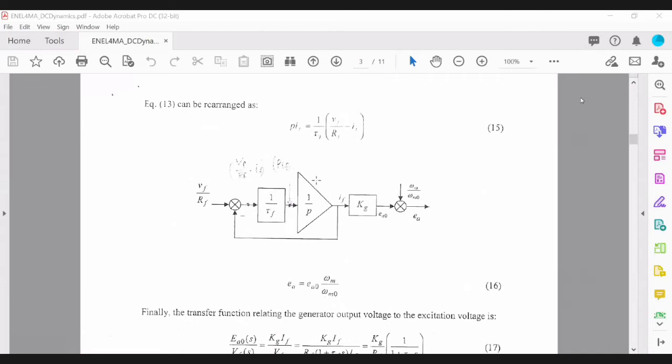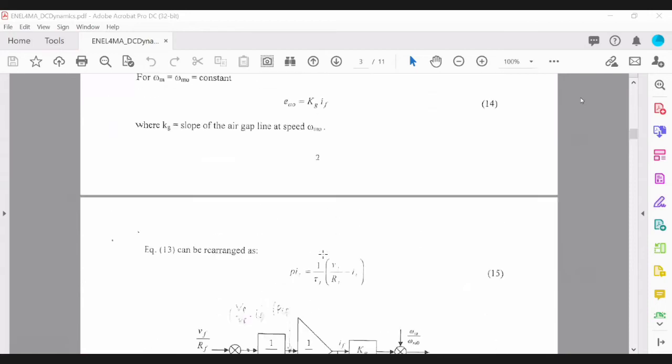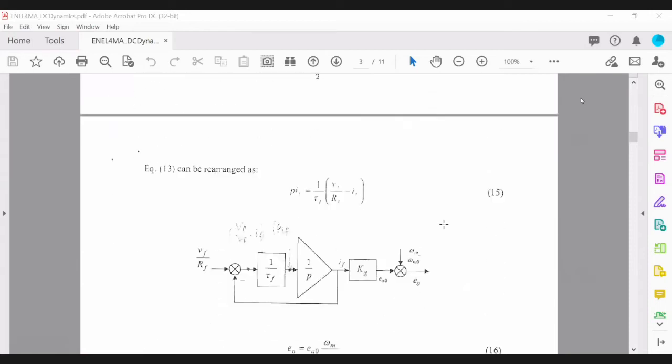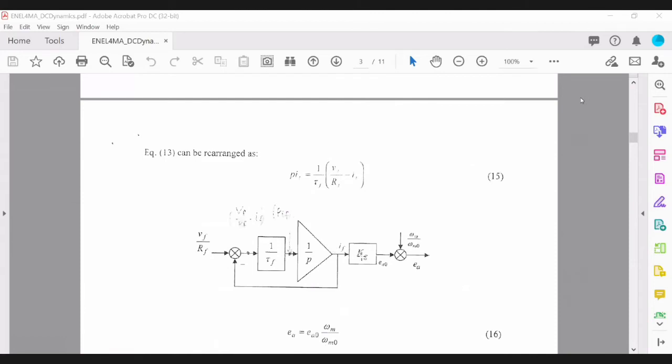And if you integrate that, you end up with the current IF, the field current. And if you look at this equation 14 here, and multiply by a constant Kg, you end up with the induced voltage EA naught.